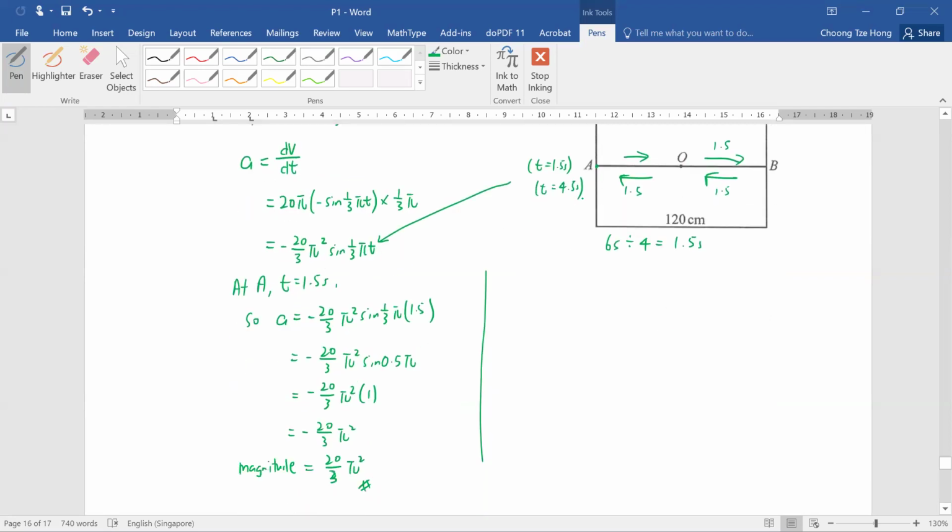So we can try. What if we start with 4.5 seconds? Will we end up with the same answer? So at A, T equals 4.5 seconds now. So the acceleration will be negative 20 over 3 pi squared sine 1/3 pi times 4.5, right?